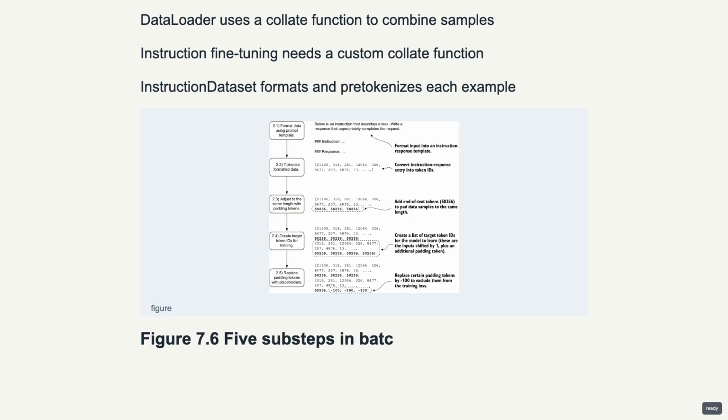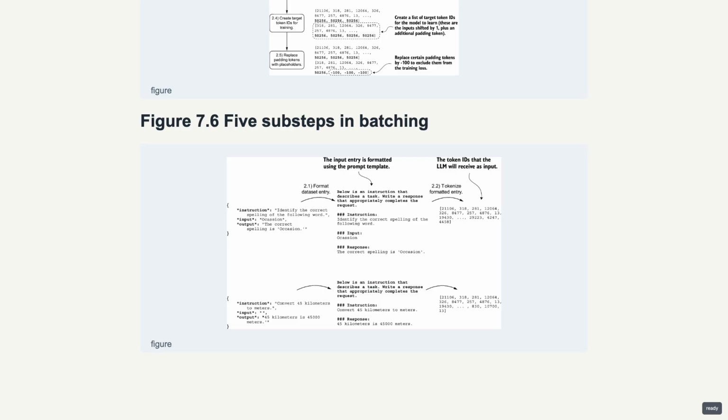The key detail is that batching is not just stacking lists together. It also includes deciding which tokens should count in the loss and which tokens should be ignored during training. The first 2 steps happen before batching ever starts. The prompt template is applied, and the text is tokenized into IDs.